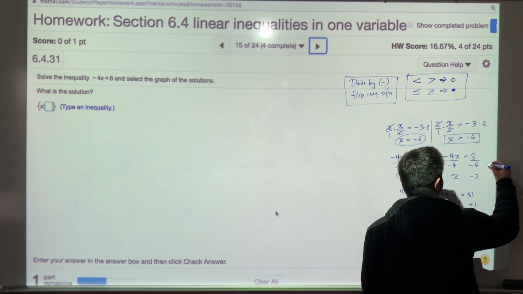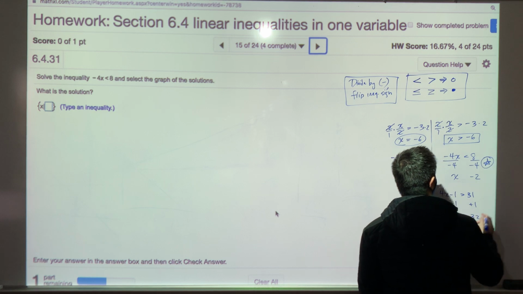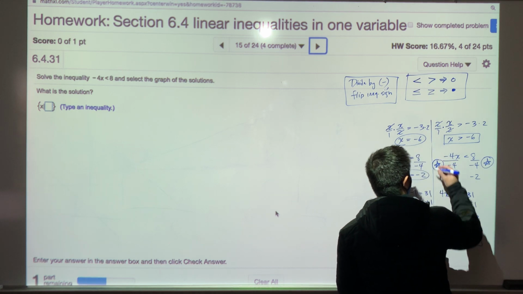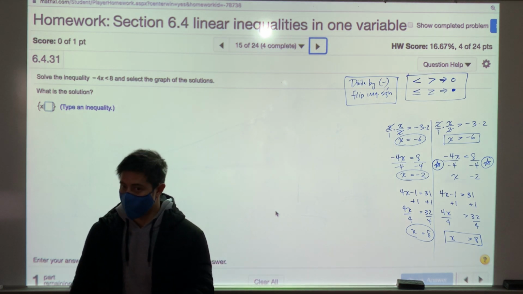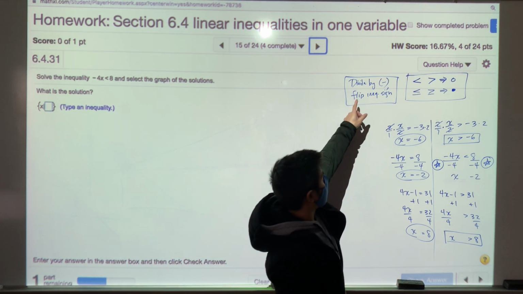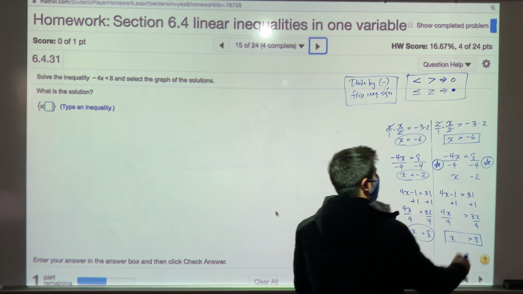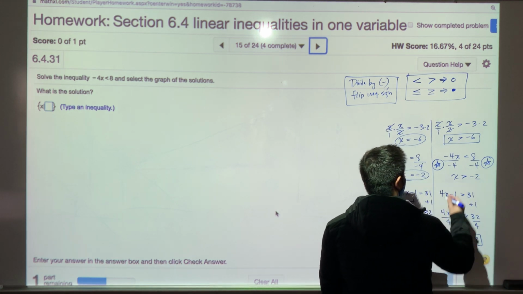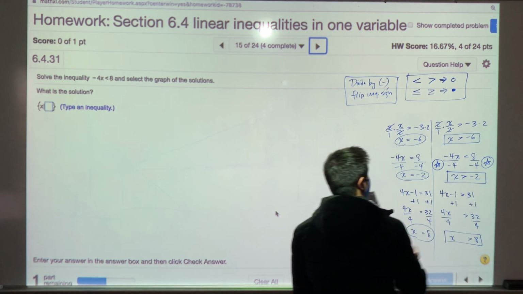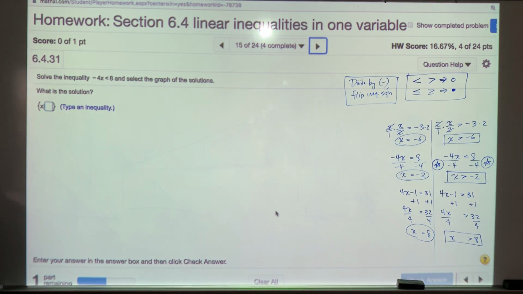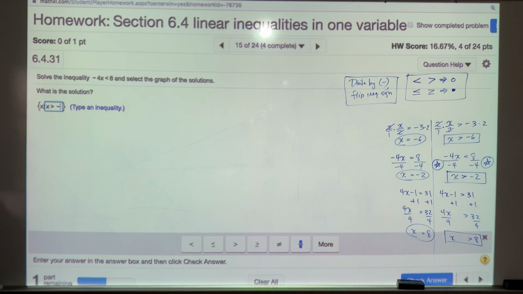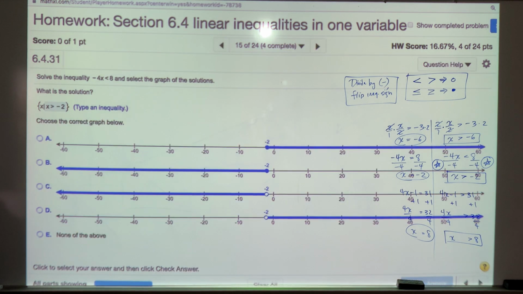It's wrong because what we've just done in this very important step right here is we have divided by a negative. And in the event that you divide by a negative, you must reverse the inequality sign, and that changes quite a bit. So make sure you note that, put it in your notes so that you get those questions correct.